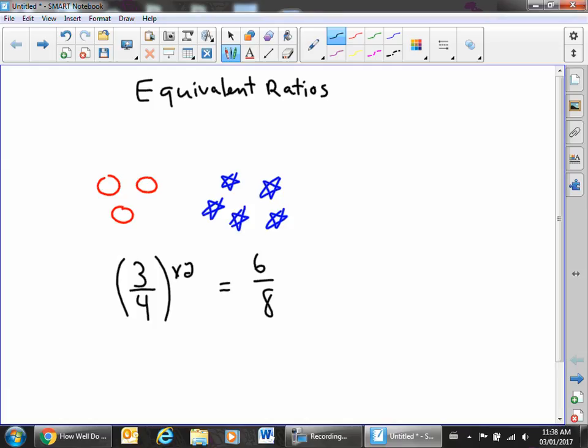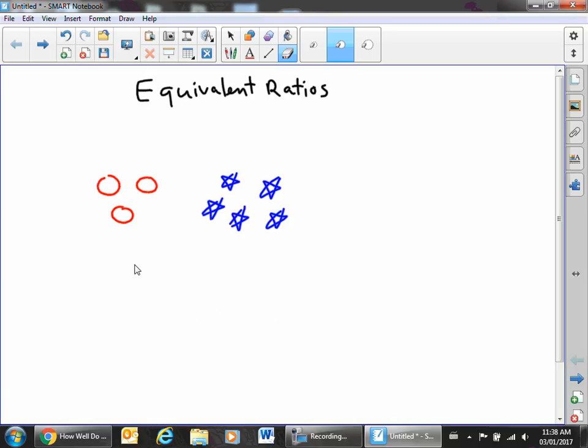So if I were to take a look at a part-to-part ratio here, I can see that clearly this is a 3:5 part-to-part ratio.